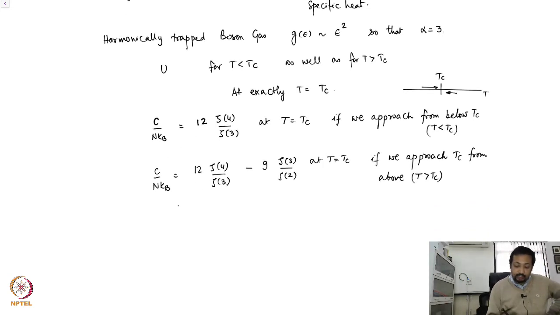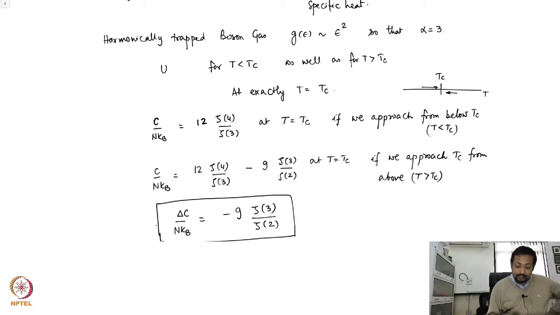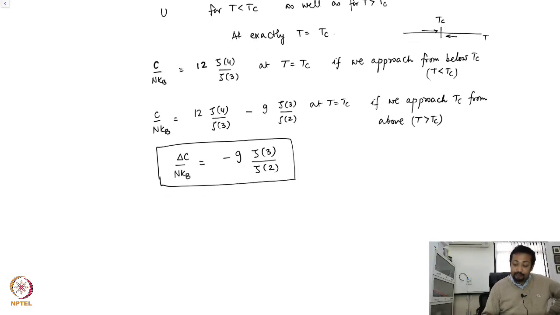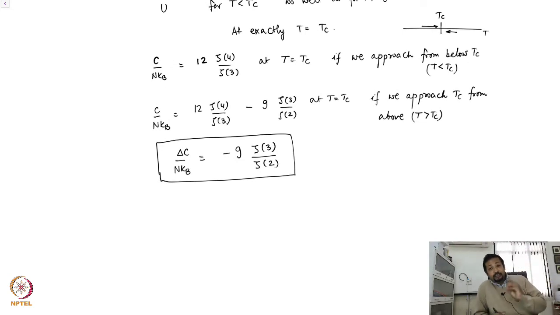Consequently, there is a difference in specific heat which is minus 9 zeta of 3 divided by zeta of 2 in this case. Now the question is, we want to figure out what exactly this discontinuity, this difference in amount, is going to be for any general alpha.